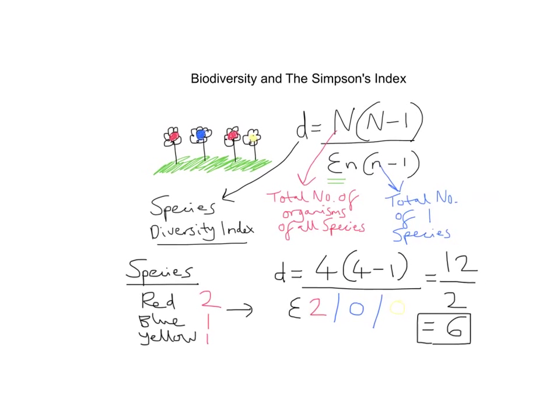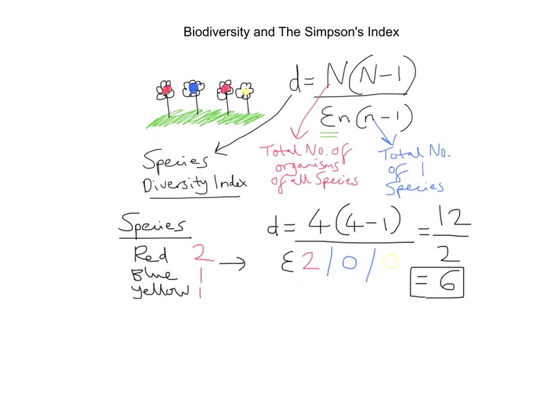Let's just imagine that you're given 2 environments, X and Y, and you're told that habitat X has a value for D of 5.4, let's just say, and yet you're told habitat Y has a value for D of 1.8.